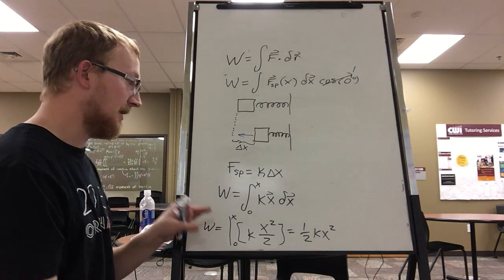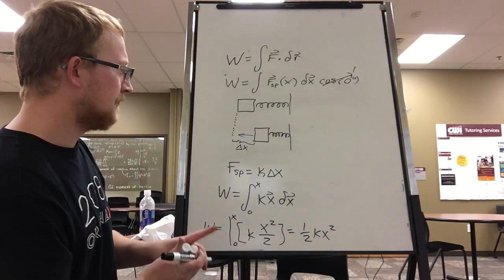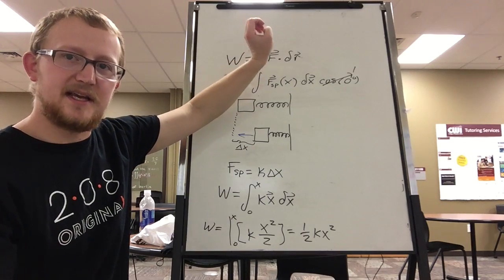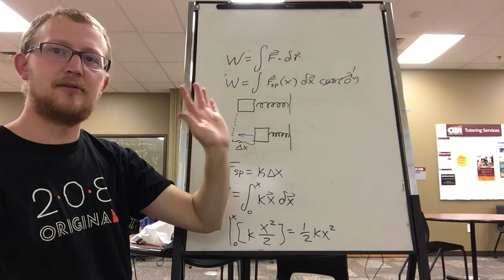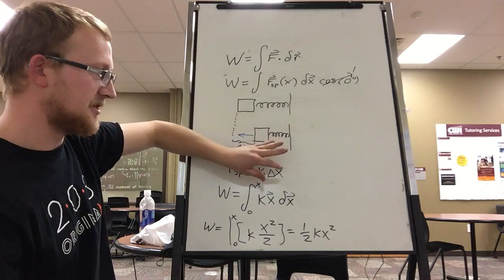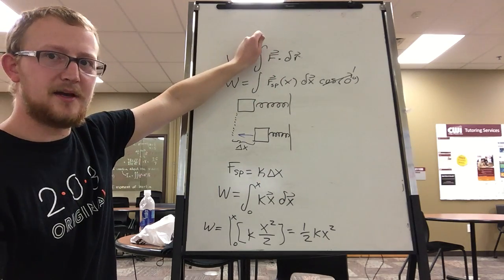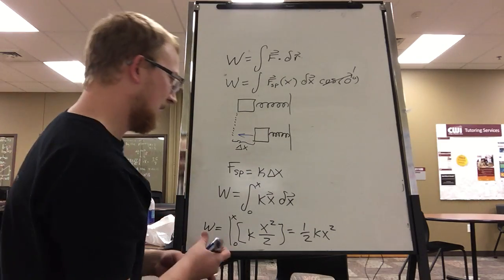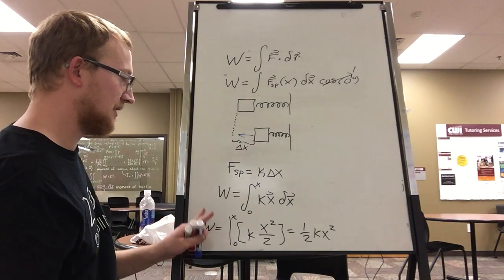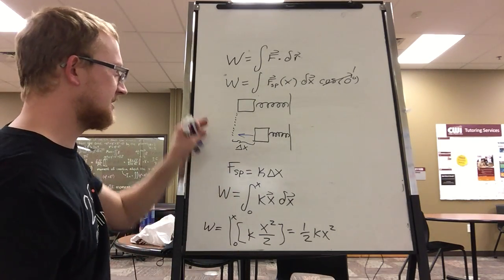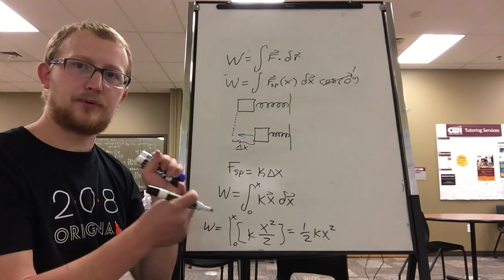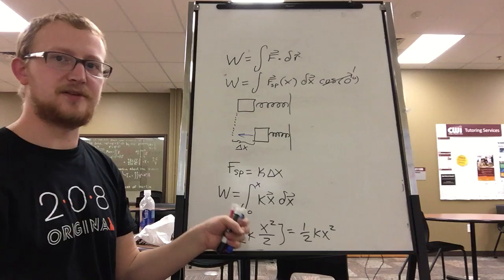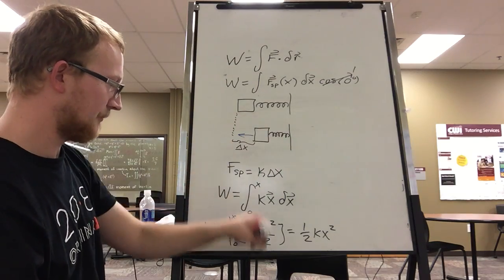So the work put into this: you remember how I was telling you that when you lift a ball off the ground, you're putting work into it that is equal to the potential energy it will have once it's up there. So in other words, we put work into it to get it up there. Now that it's up there, it has all that work still stored inside of it, and it's done through the gravitational field. In this case, we pushed the spring, we compressed it, and all that work that we put into the spring, due to the conservation of energy, is still in the spring.